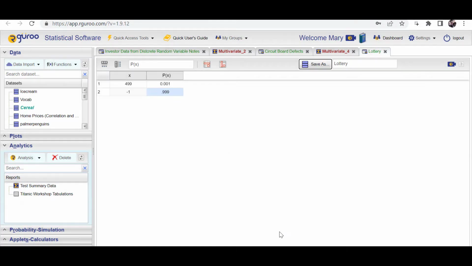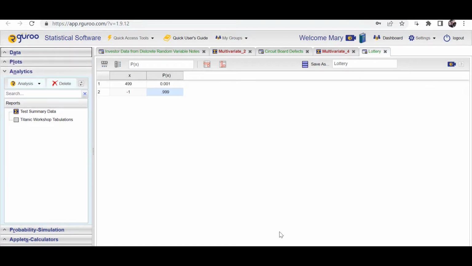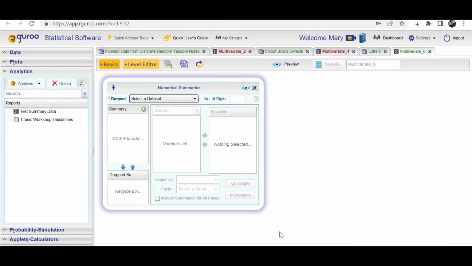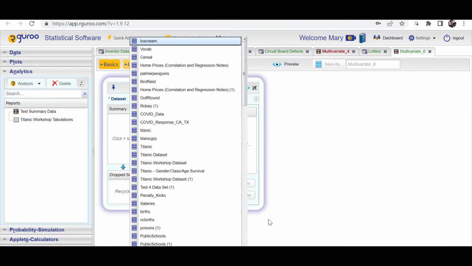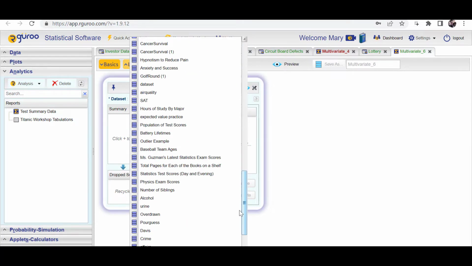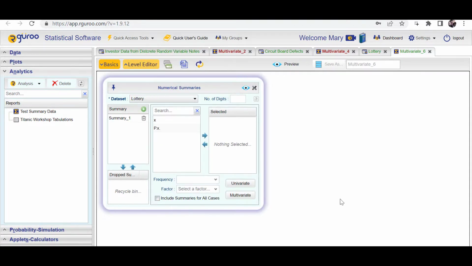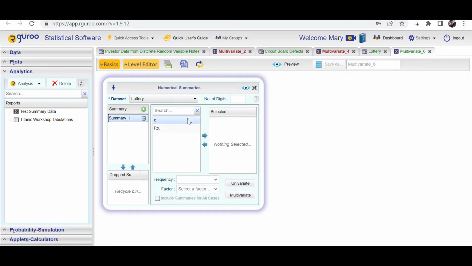All right, so get that data in. And then once you do, it's fairly quick. So again, numerical summaries under analytics, the analysis drop down. Choose your data set, which is lottery. And then X is your selected.